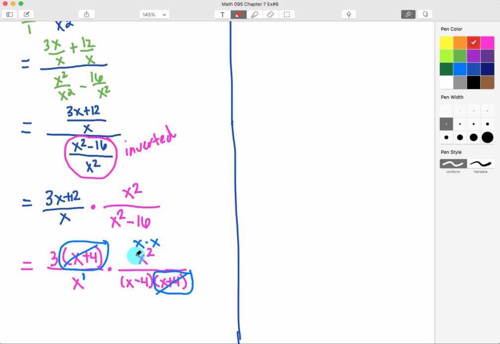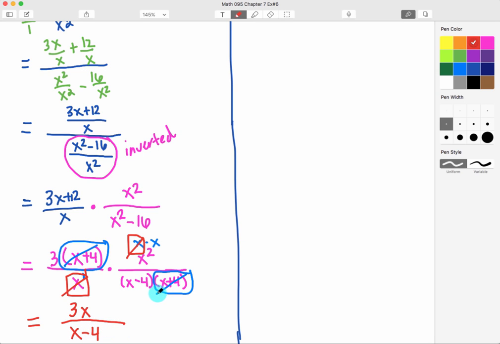So I can say, oh, this x is like this x, cancel them out, and I have an x left over. So I don't see anything else that I can simplify, so I'm left with the 3, that was untouched, the x, so that's 3x, and on the denominator I had an x minus 4.